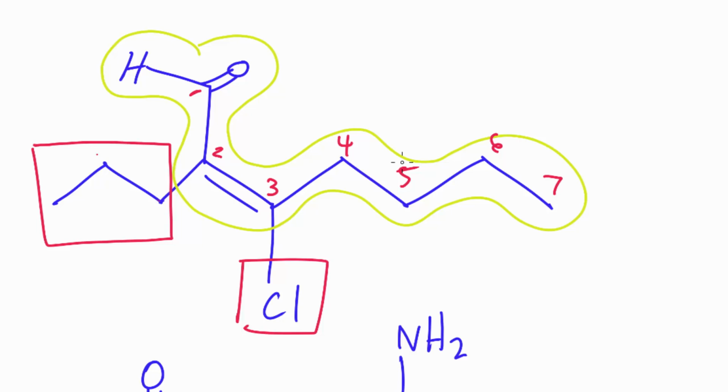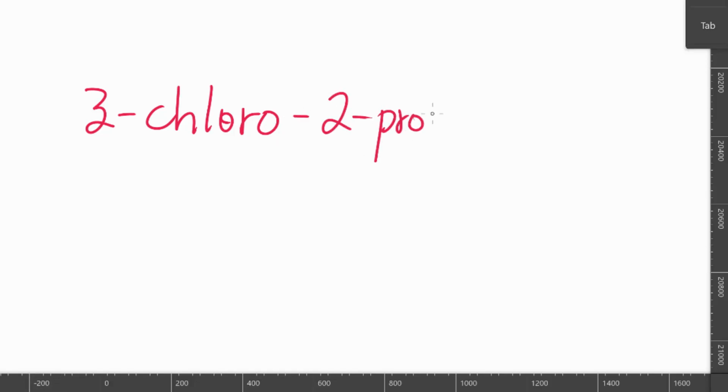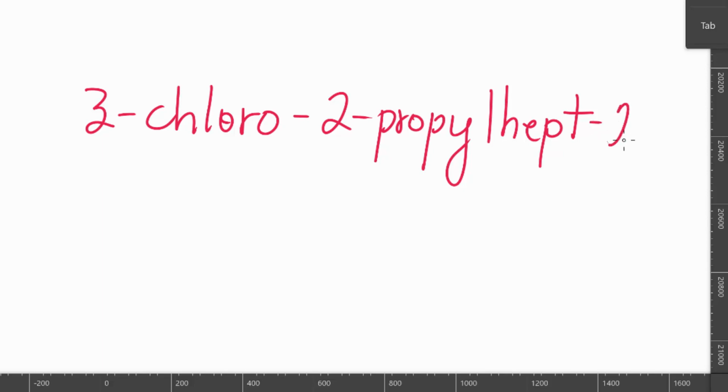So I can say 3-chloro, 2-propyl, and I have 7 carbons, so it's going to be hept. My double bond starts at 2, enal.